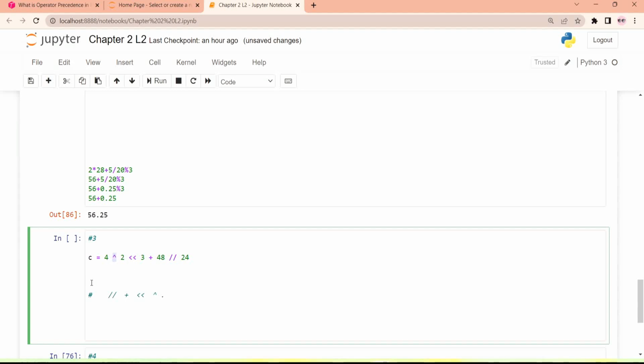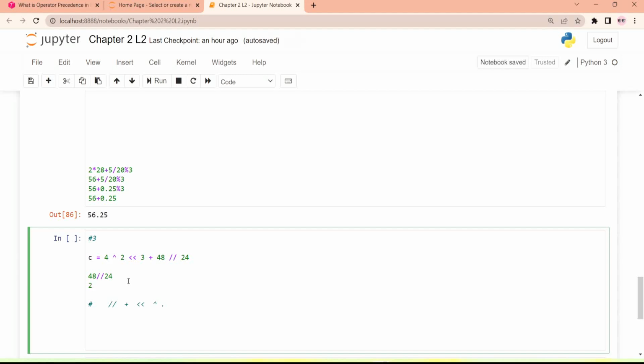That's why the first evaluation will be 48 floor division 24. The result is 2, which will be added with 3. 3 plus 2, which is 5, right?